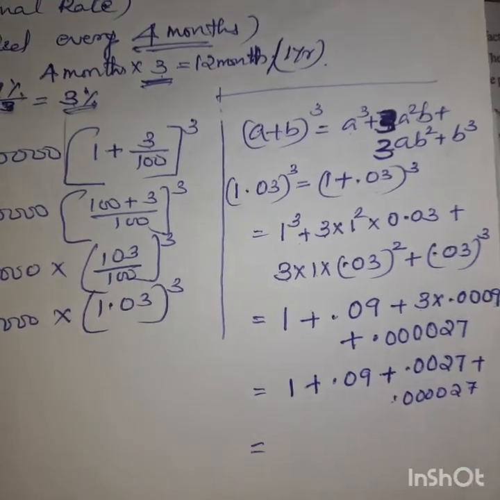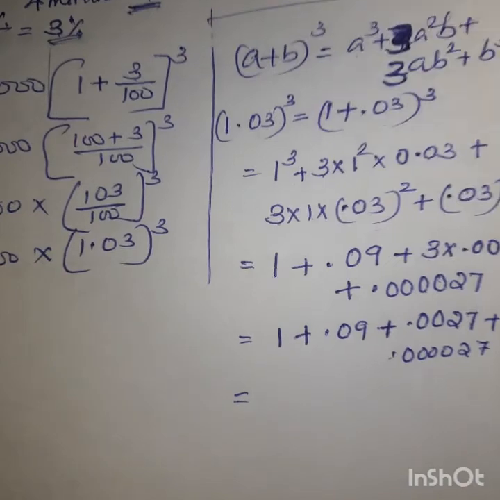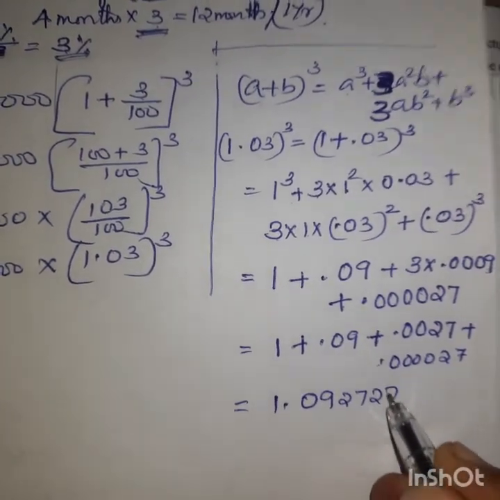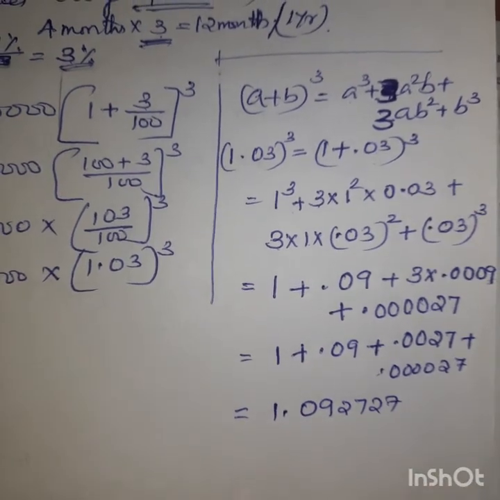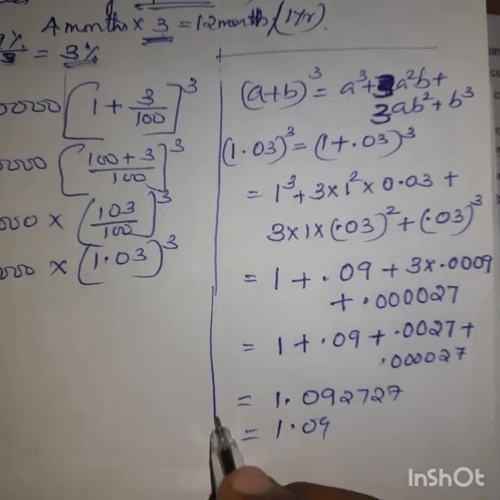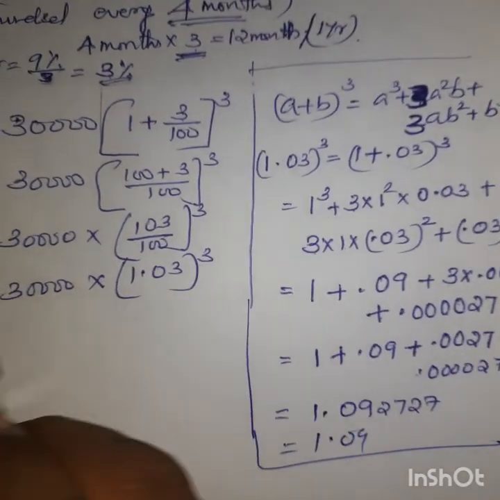All these we have to add together. If you add it, you will get 1.092727. That you can take as nearly 1.09.